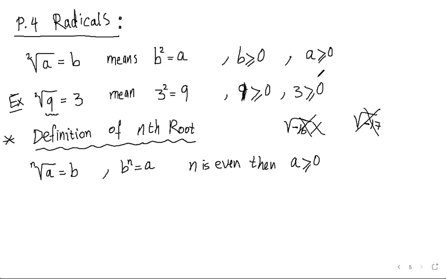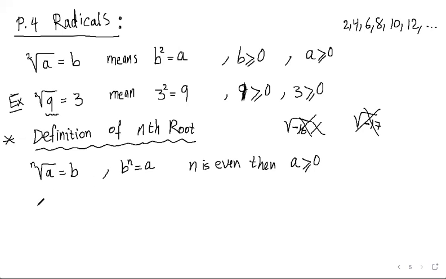Who knows the even numbers? 2, 4, 6, 8, 10, 12. All of these are even numbers. So if n is an even number, 2, 4, 6, 10, 12, whatever, under the radical must be positive.